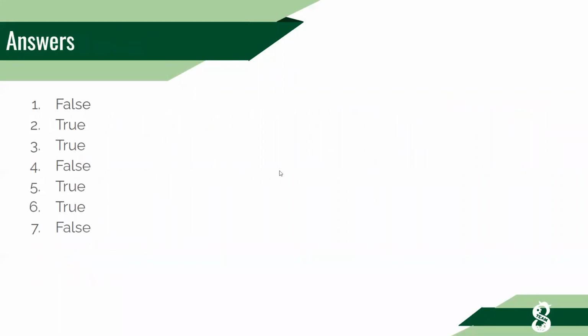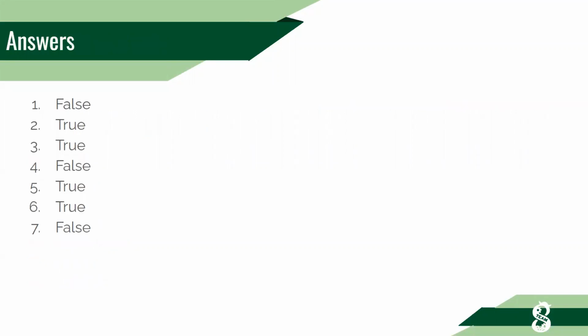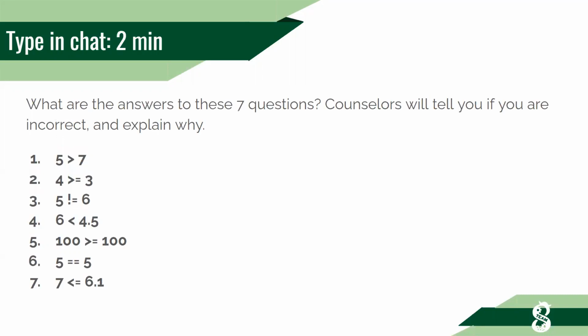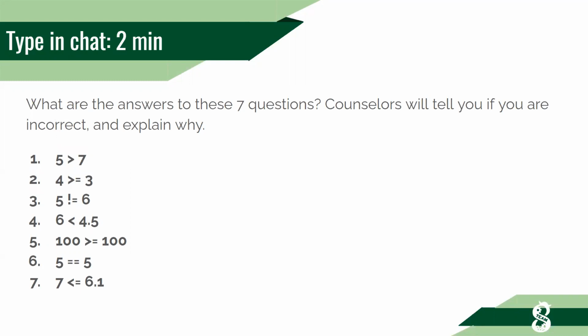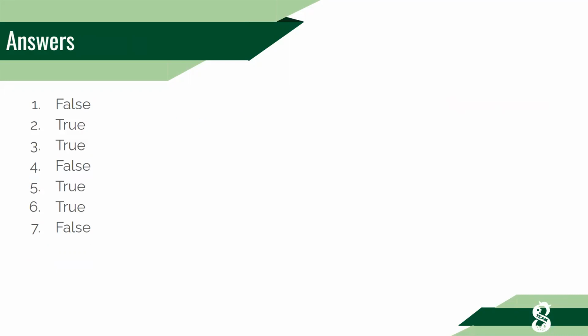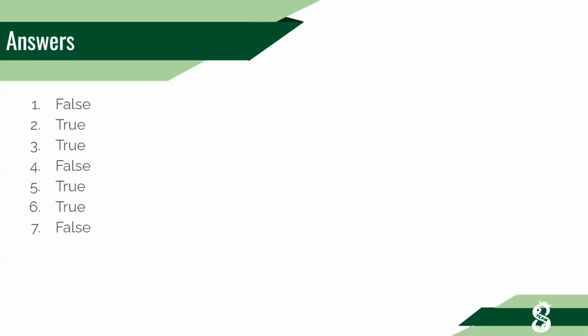So the first one is false. 5 is greater than 7 is not true because 5 is obviously less than 7. 4 is greater than or equal to 3 is true because 4 is greater than 3. 5 is not equal to 6 is true because 5 is not 6. 6 is less than 4.5 is false because 4.5 is less than 6, and therefore 6 is not less than 4.5. 100 is greater than or equal to 100 is true because 100 is equal to 100. 5 is equal to 5 is true because 5 is equal to 5.